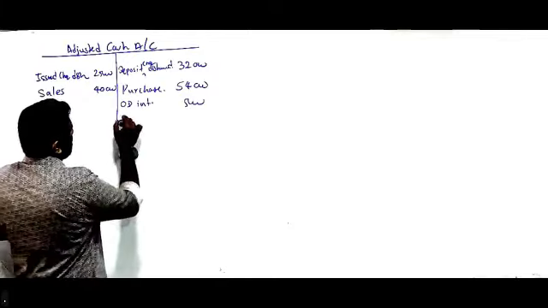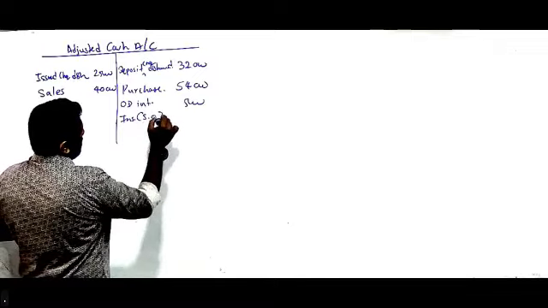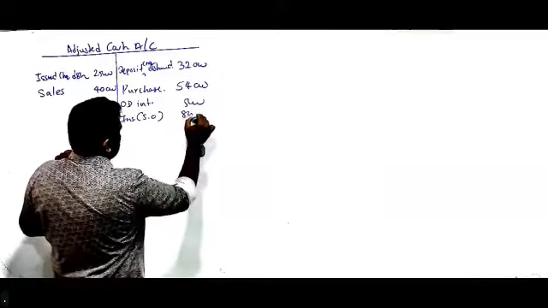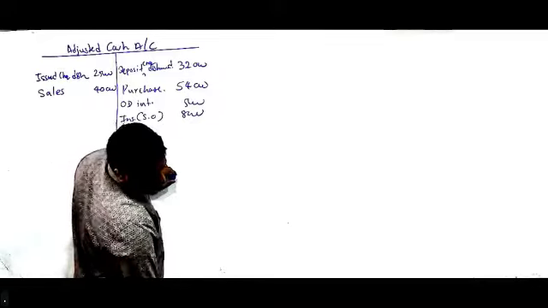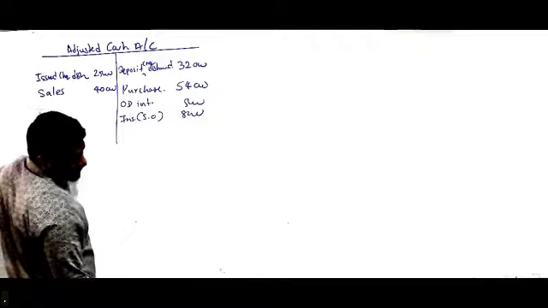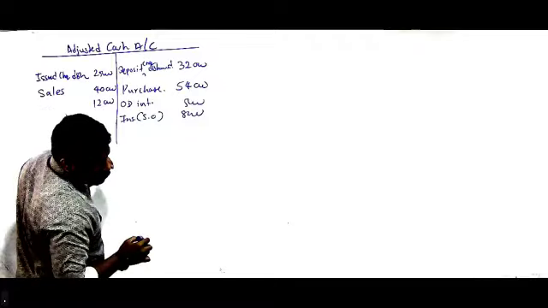Insurance, cash outflow. Standing order, cash outflow, 8,000. Next, direct remittance, cash inflow. Again the debtor.